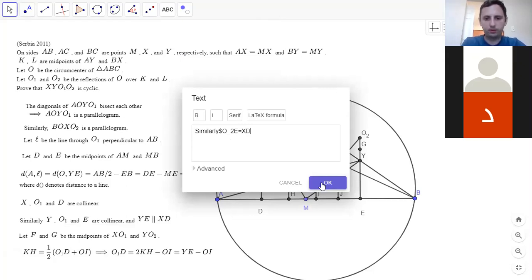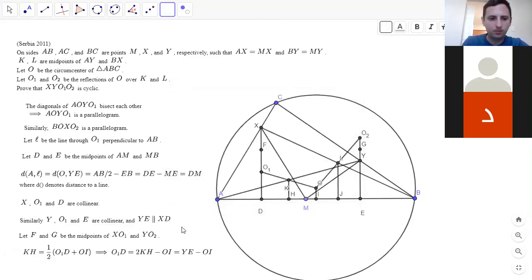I thought that if XO1 and D are collinear, and so on with O2, Y, and E, we just need to prove that YO1 is equal to XO2, right? Oh, but they're both parallelograms.